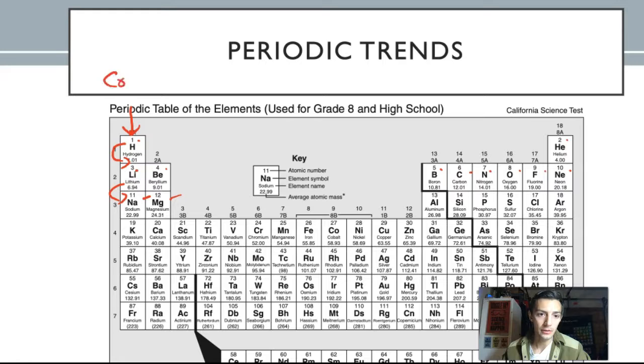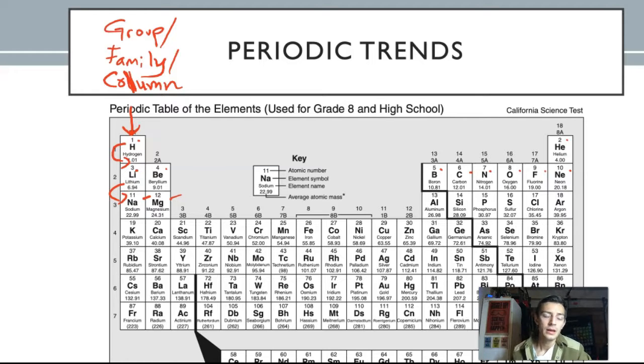Column is a family. So families, columns, these are the groups, really is actually probably the most common name we use for it, of elements that all have similar properties to them chemically.